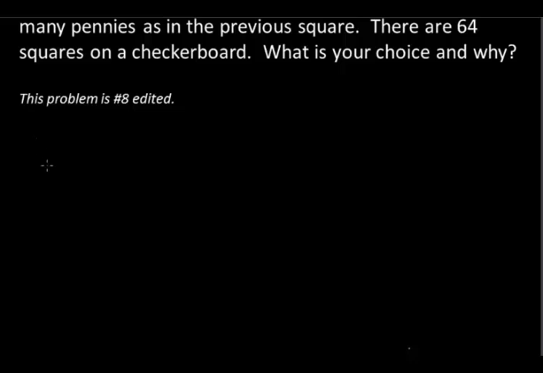So we start out with 1, and then we have 2, and then we have 4, but consider 4 as 2 squared. And then we double 4 and we have 8, but notice we're just multiplying 4 by 2. In other words, we're multiplying 2 squared by 2.